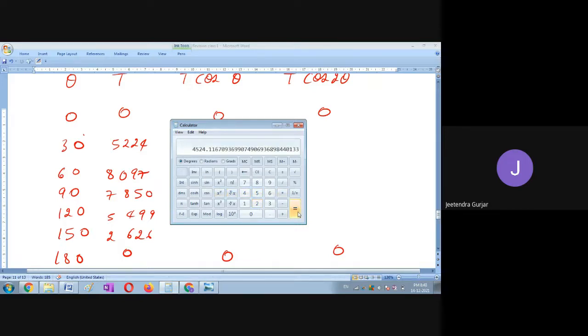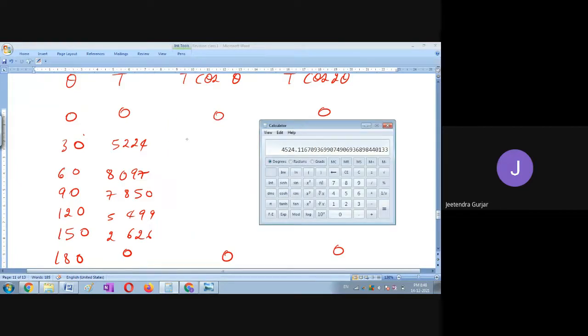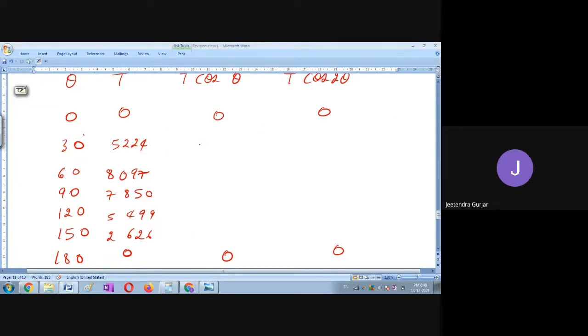Okay, so easily you can see this is the correct answer. So please see that you write down properly. So this is the correct answer you are going to write here. I will write it here, students. So I'm getting 4524.11. So this is my answer I'm getting.